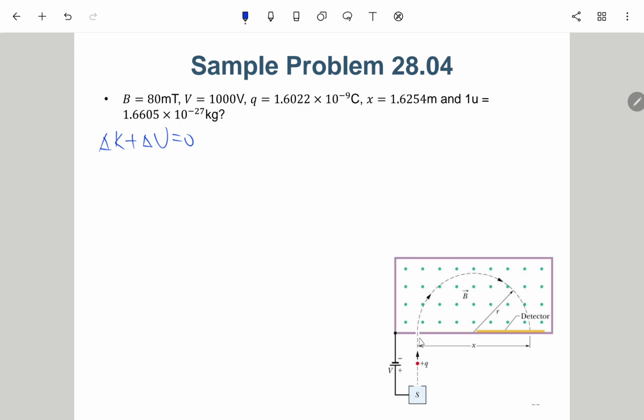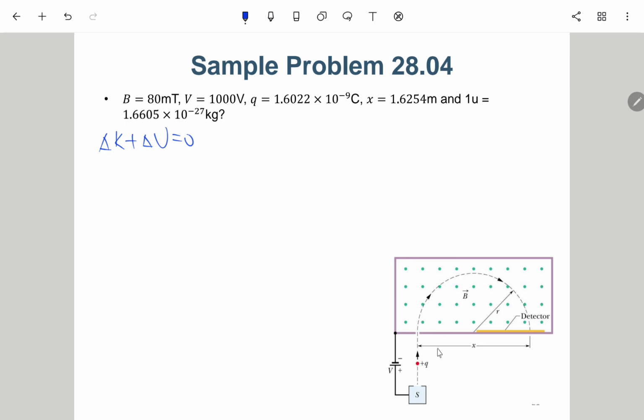But as we know, for the circular motion, the speed of the particle doesn't change. Okay, it only changes the direction. 就是圆周运动是匀速的嘛，它只是改变方向而已，它只是在圆上面每一点的速度的大小都一样。Okay. So actually we can assume the kinetic energy doesn't change at all.